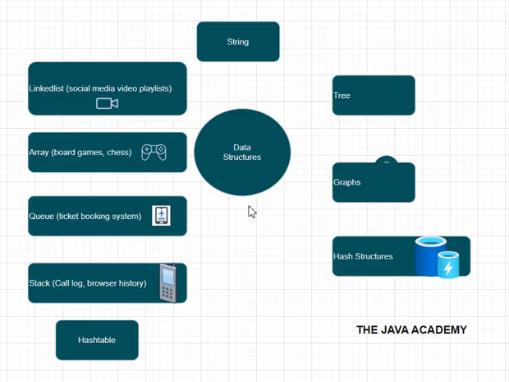Then of course there is the stack. The stack data structure makes use of a last in, first out method of working, basically the opposite of a queue. While the queue is first in, first out, the stack is last in, first out.